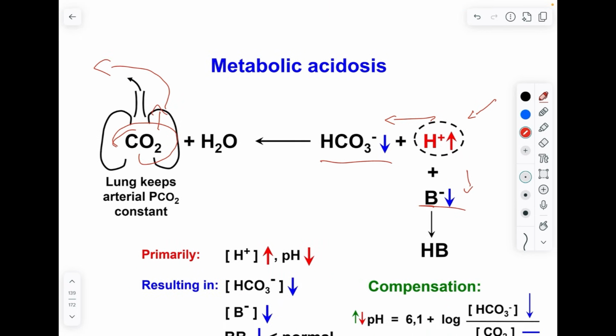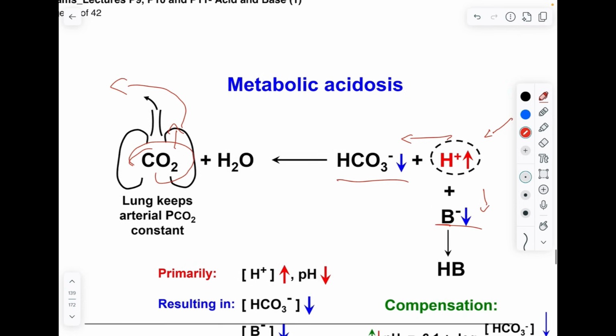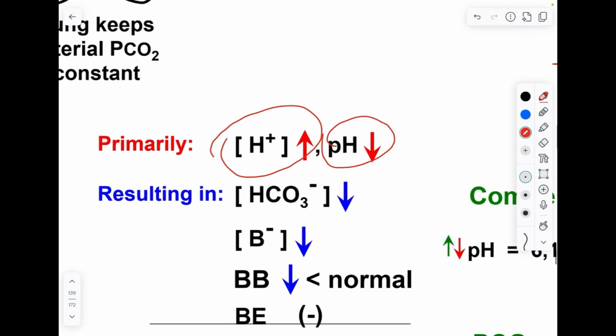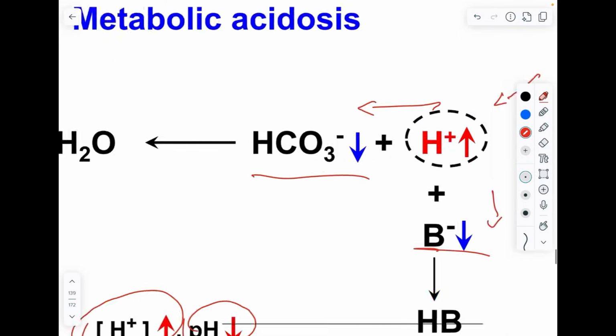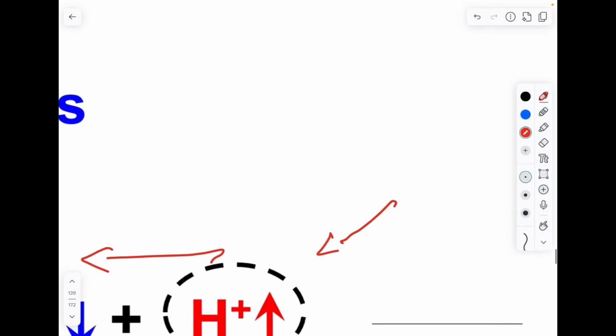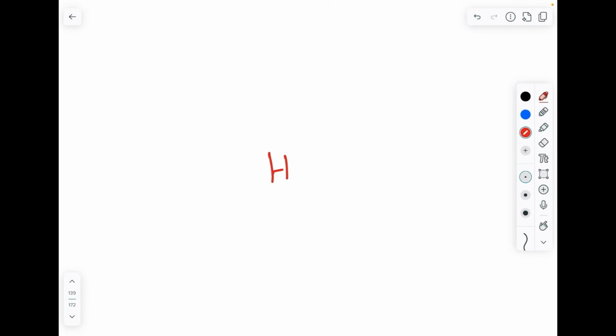Now, what's happening here? Of course, since you increase the H plus, you decrease the pH, and that will lead to all of these. Now, what happens to the buffer base and base excess? Let's see. You have a decrease in both HCO3 and B minus, and the buffer base is basically adding both, so it will be lower than normal.